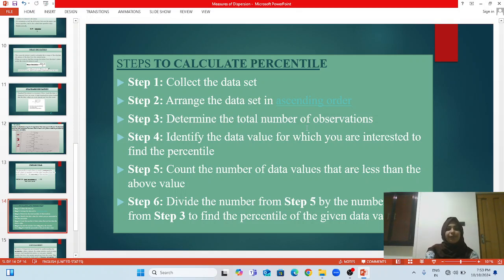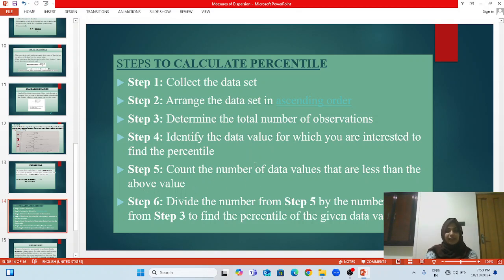In step 4, identify the data value for which you are interested to find the percentile. If there is an observation 70, then we are setting 70 as the particular value. Then step 5, count the number of data values that are less than the above value.